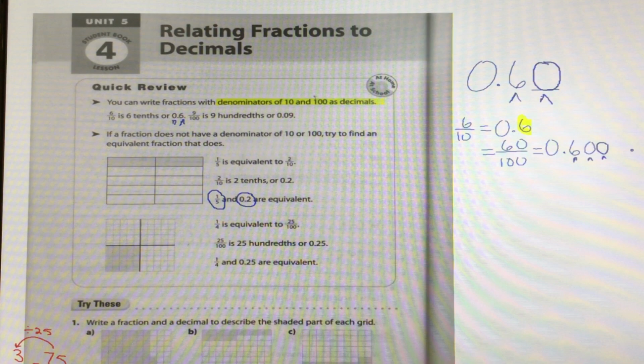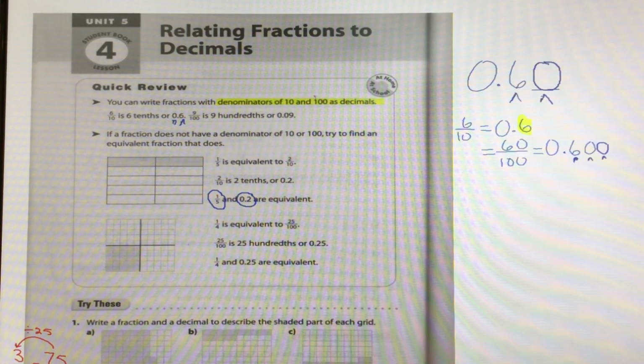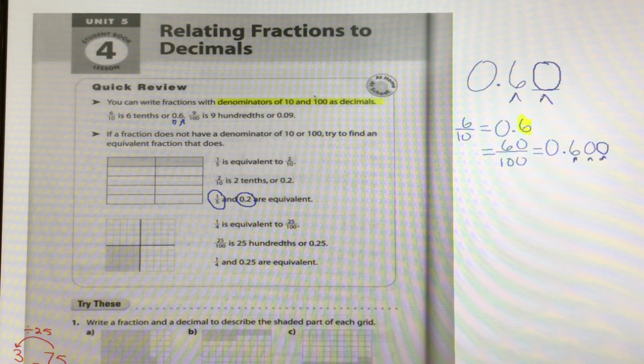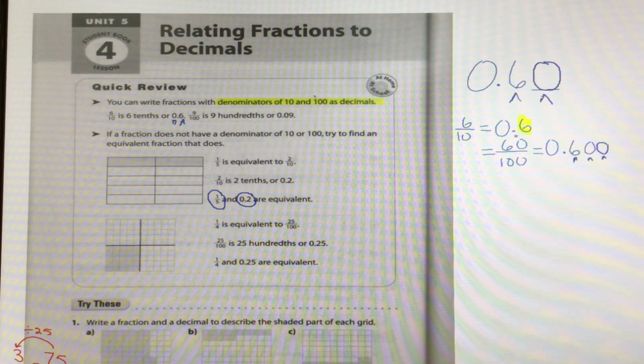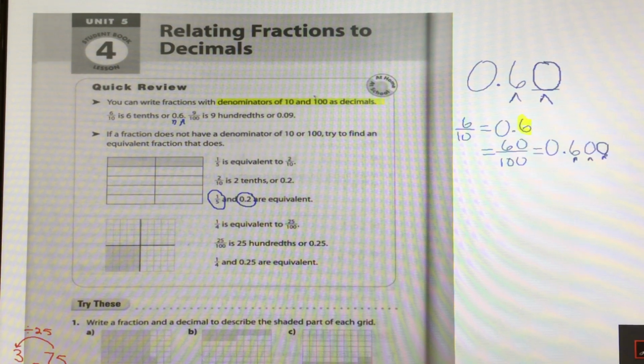We could have an infinite number of zeros back here. It doesn't change the result at all. So this is our ones column, our tenths column, our hundredths column, and our thousandths column. In this case, 6/10 equals 0.6, 6 in the tenths column. As a fraction, this would be 600 thousandths.